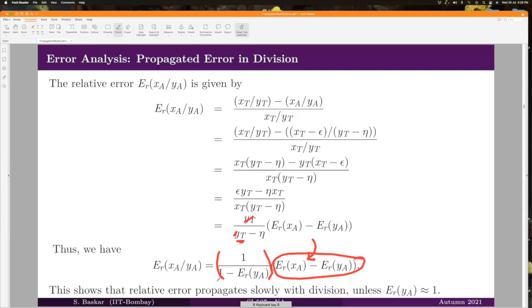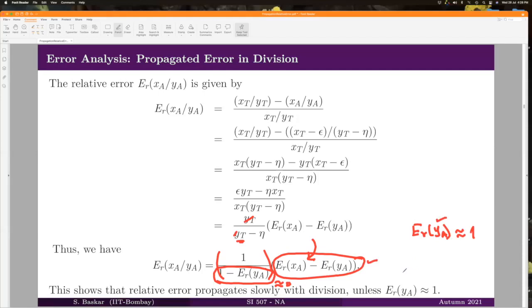Whereas here, if this number is almost equal to 0, it means what? Your relative error in ya is going to be almost equal to 1. It means that if you make 100% error in your initial data for y, then your relative error is going to be very large for division.